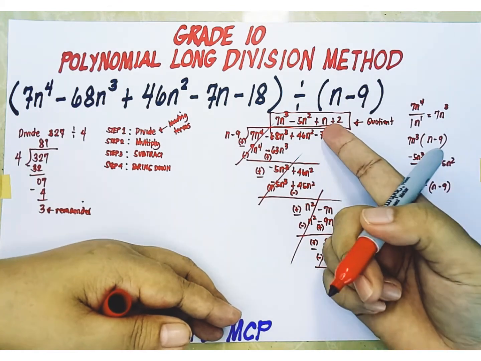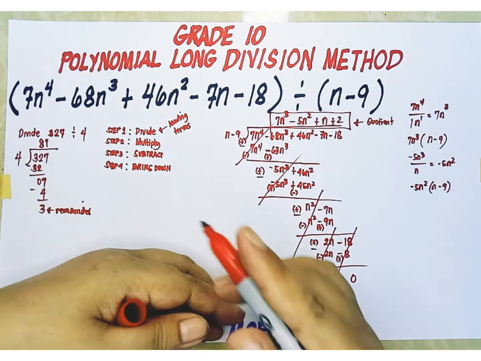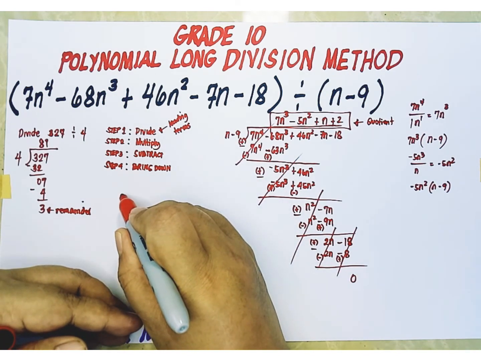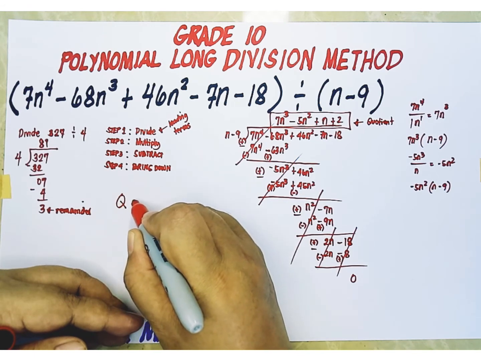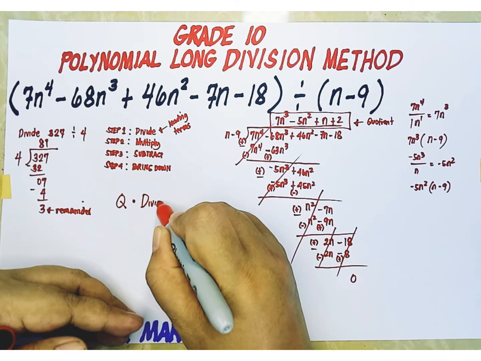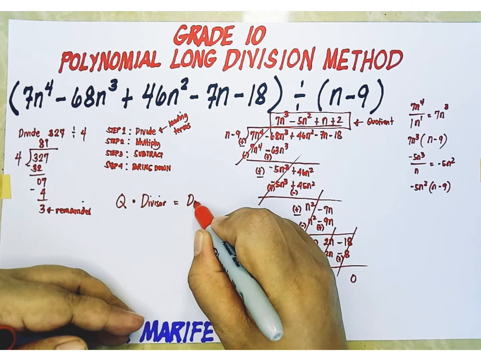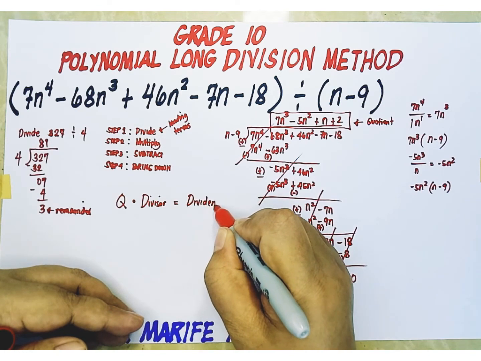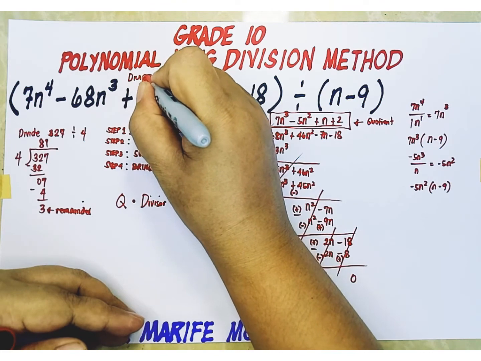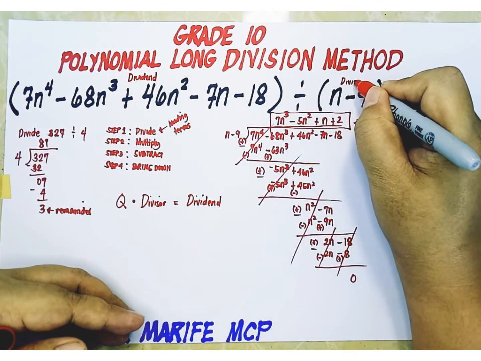So if we're going to validate if our quotient is correct, ang checking natin ay quotient multiply by your divisor, and this should be equal to your dividend. Dividend ang first polynomial mo, divisor yung second polynomial mo.